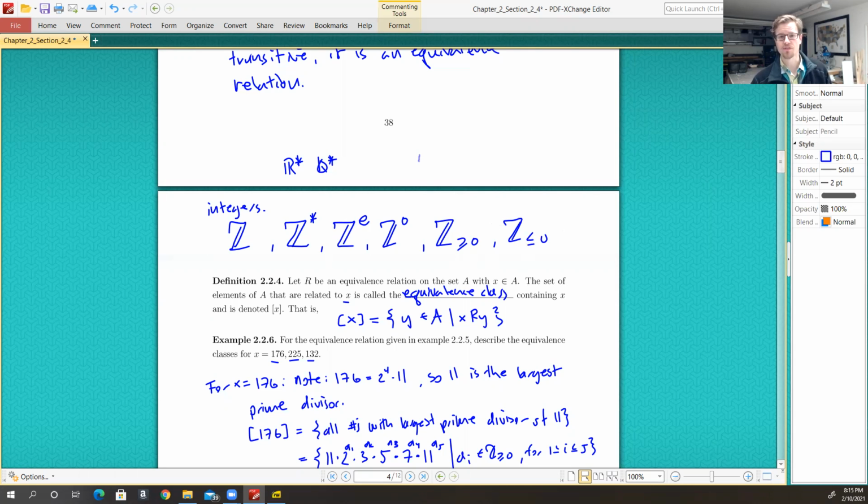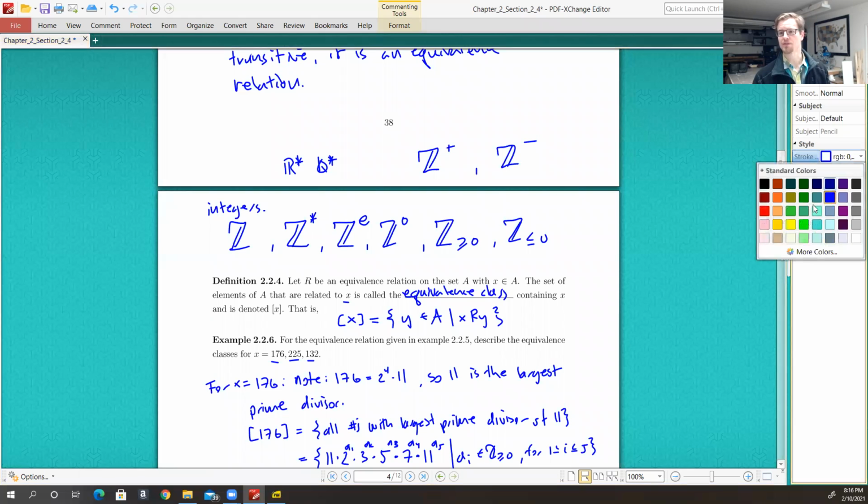But of course, if you want the positive, you would specifically be talking about 1, 2, 3, 4, and so on. These are also called the natural numbers. And you also have Z negative, which is -1, -2, -3, -4. So there's all of these different subsets of the integers that we might be interested in, and you would find yourselves using some of these throughout the semester.